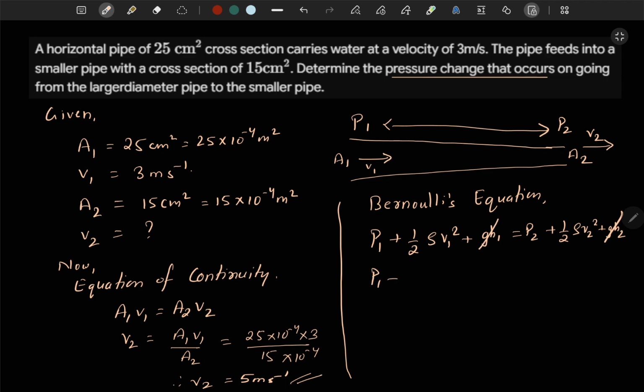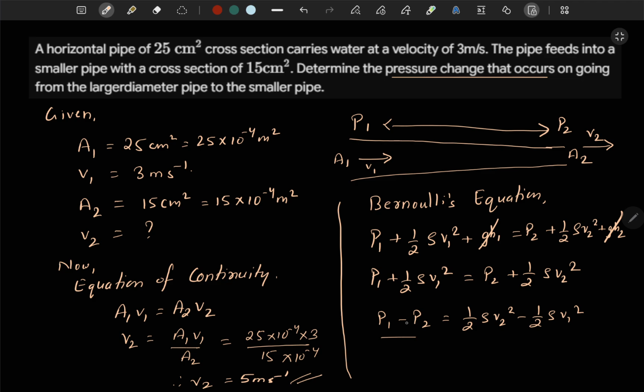We get P1 plus 1 by 2 rho V1 square is equal to P2 plus 1 by 2 rho V2 square, and P1 minus P2 will be equal to 1 by 2 rho V2 square minus 1 by 2 rho V1 square.